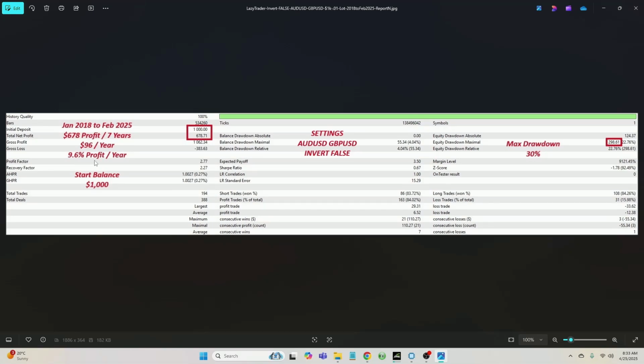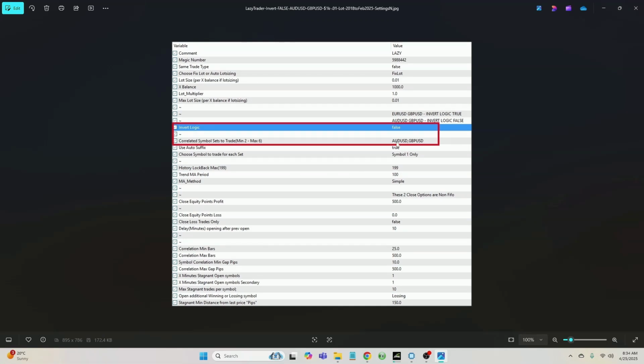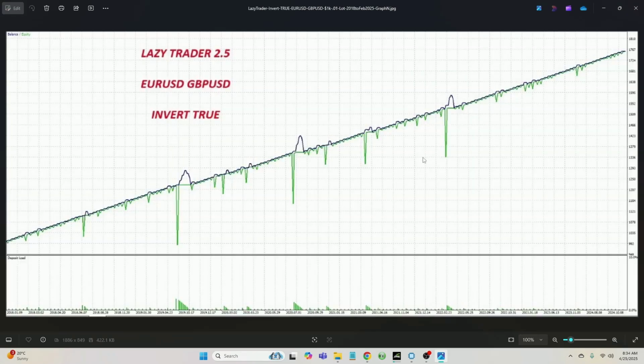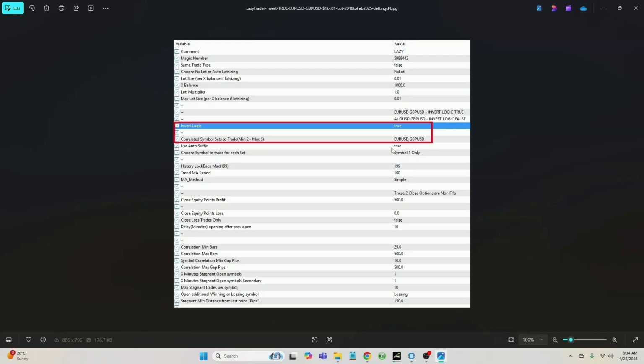So if you combine both of these experts together, run them on Euro USD and on Australian USD with the settings that we suggested here, the Australian US dollar, British pound US dollar set to false on one, attach it to Australian USD, and the other one you attach it to Euro USD and have the settings as the default, because this is the actual true default right here.